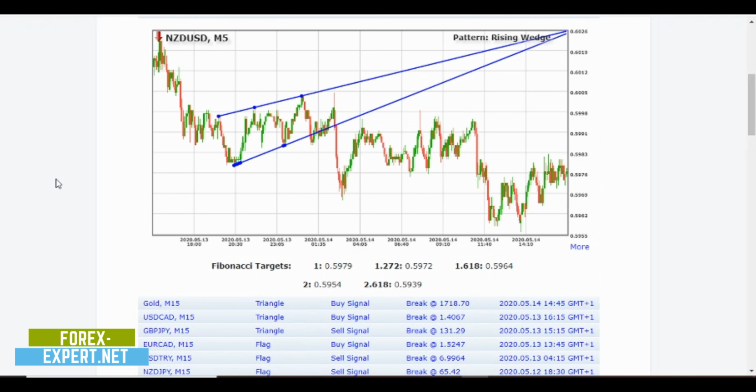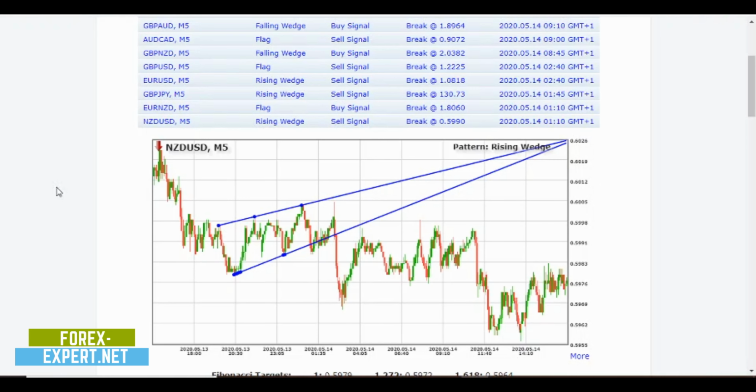We didn't take a look at the first chart. The New Zealand dollar and the USD, we have a rising wedge sell signal. This is the first time I look at this chart. Break at 59.90. So the price action looks pretty good, at least from the chart.